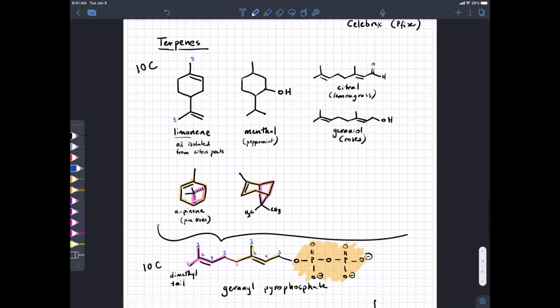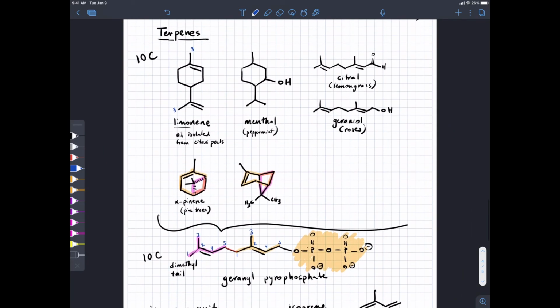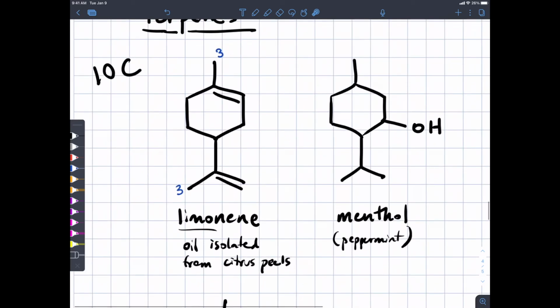Now I need to look for my dimethyl tail. Where would you say that is on my limonene molecule? And again, ignore the double bonds. Yeah, ignore the double bonds. Focus exclusively on the carbons.